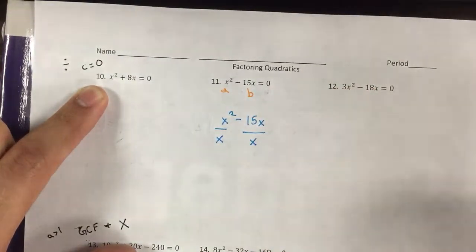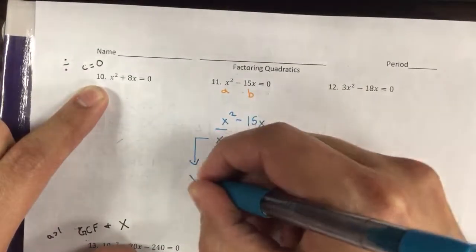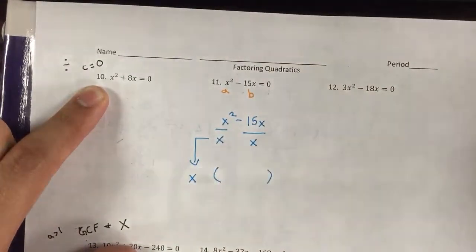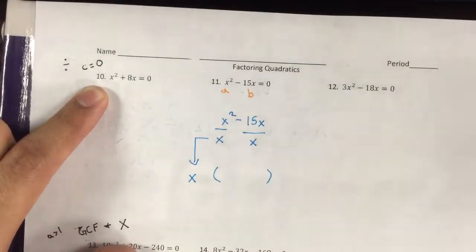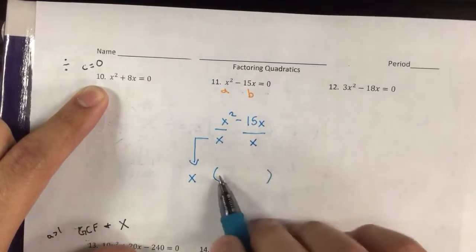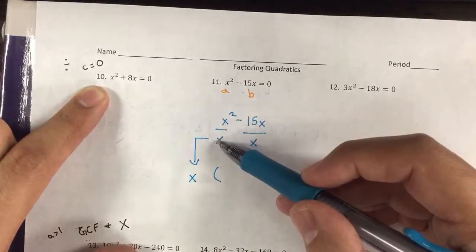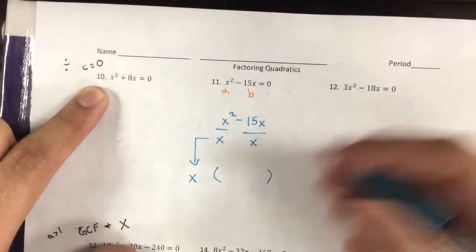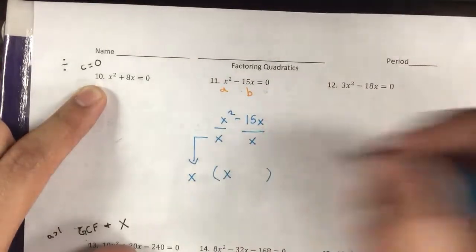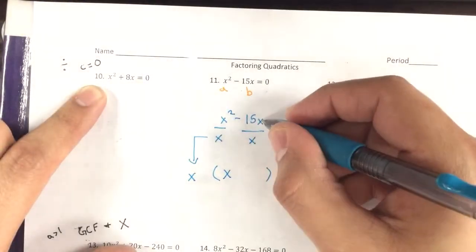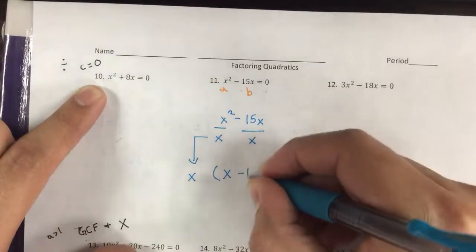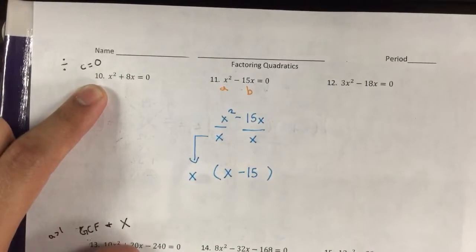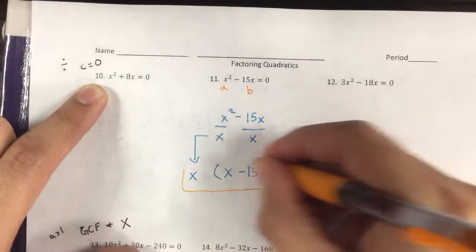Okay? So whatever I divide out has to go in the front one time, and then do the division for what's left inside. So x squared divided by x. If I have two x's on top and one on bottom, they cancel out. One of them does. So I have x left. And then 15x divided by x will give me negative 15. And that's your answer. Okay?